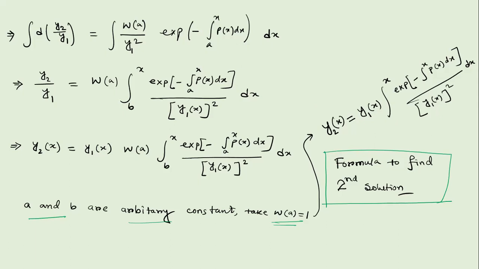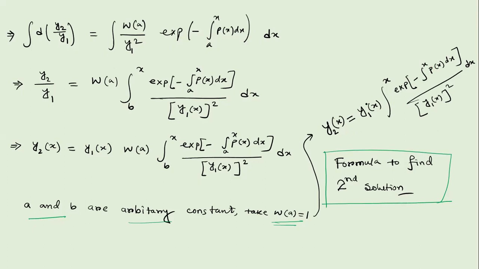That means if you know one solution of a second order linear differential equation, then you can find the second solution by using this integration without knowing other things, just if you know the p of x.